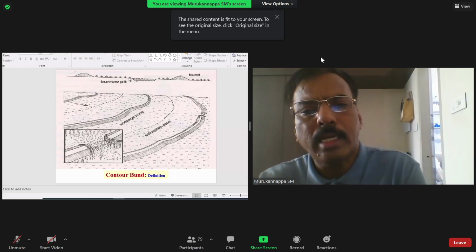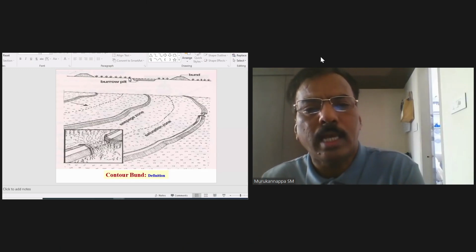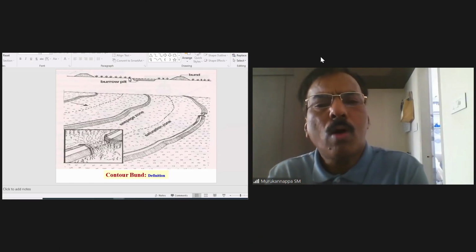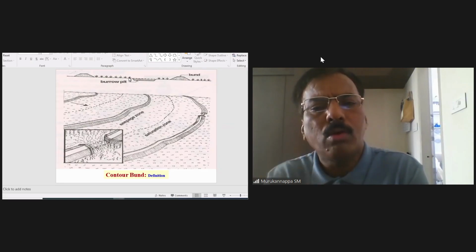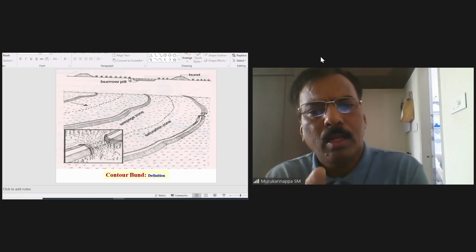Water is standing because of the slope in this direction. Whatever water is conserved infiltrates in that downstream strip.